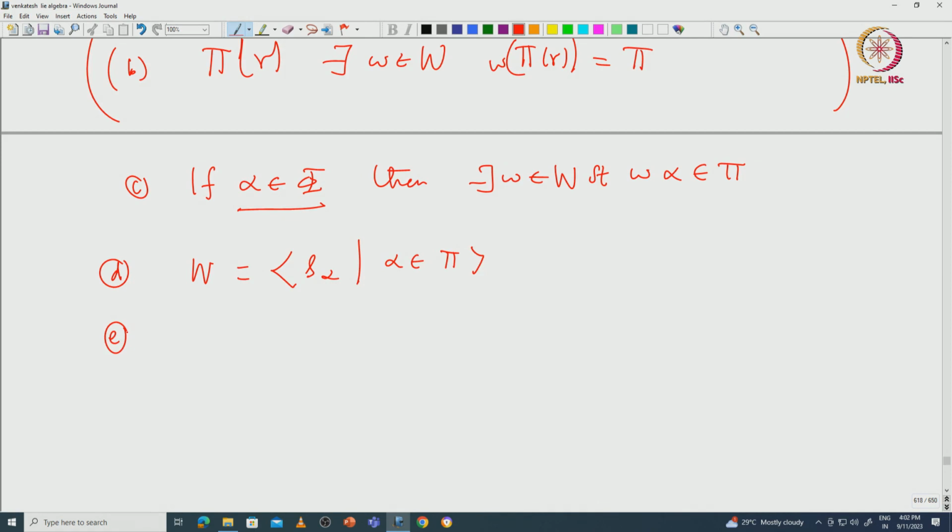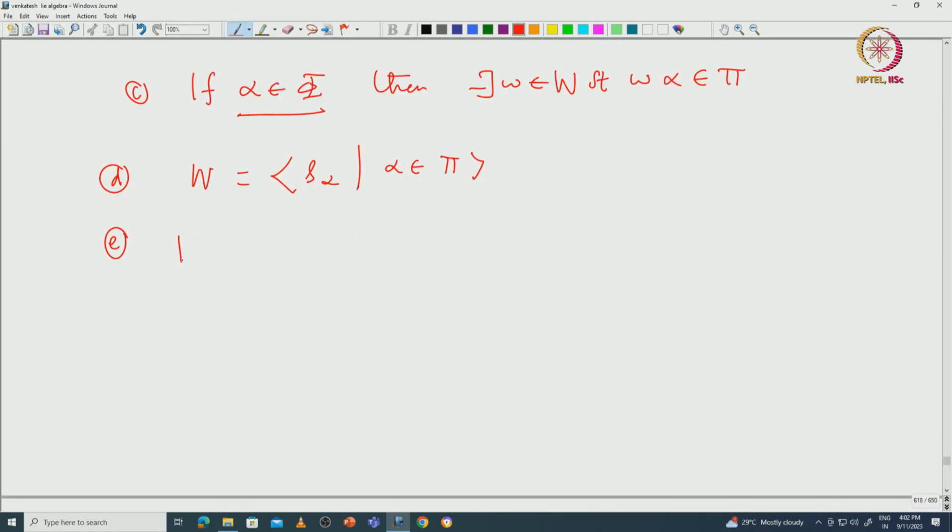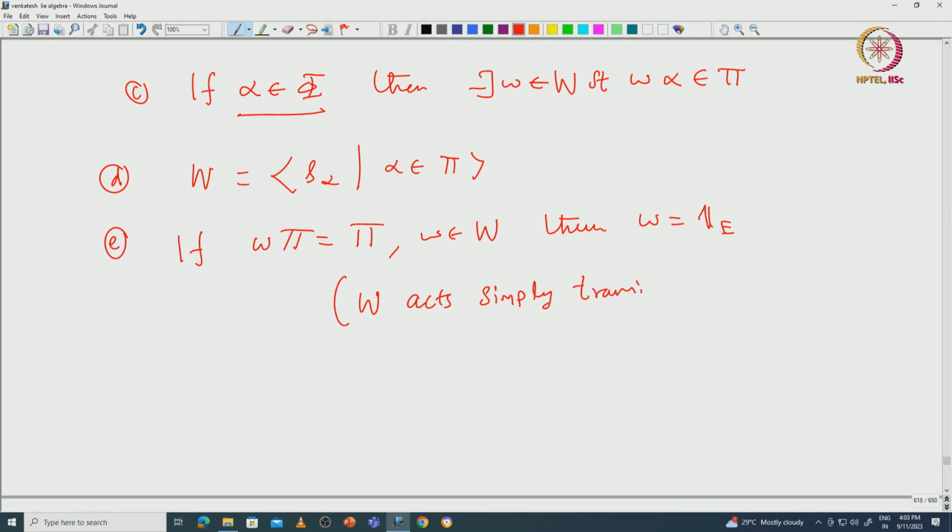The fifth statement says if some W fixes pi, then we must have W equal to identity on E. So this says W acts simply transitively on the set of bases.